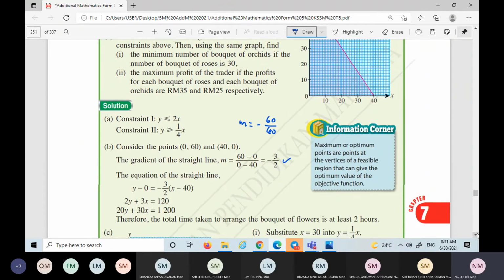Then the equation of the straight line: I will use y equals mx plus c, where c is the y-intercept, 60. Then I don't want the fraction, so I multiply every term by 2.